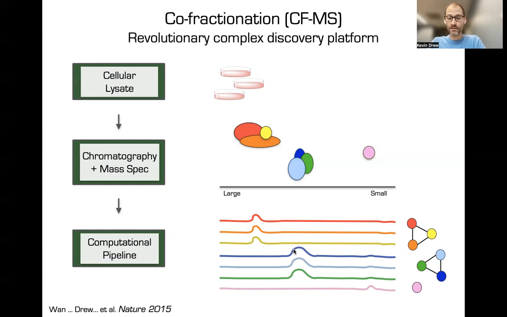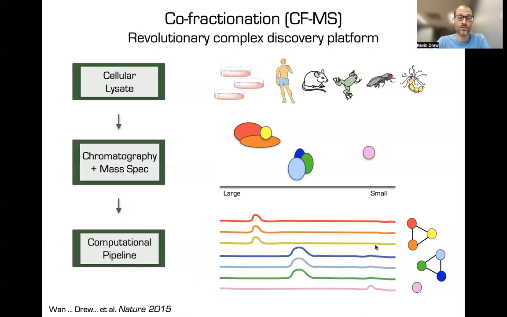And we see that this blue protein and this other blue protein and green protein all have similar behaviors to each other that are distinct from this red, orange, and yellow protein. Okay? And what we can do then is build a computational pipeline that identifies these co-eluting proteins and identifies them as protein complexes. So this is a very powerful approach in which to statistically identify protein complexes. And what's also very powerful about this is there's no antibodies or genetic tags required.